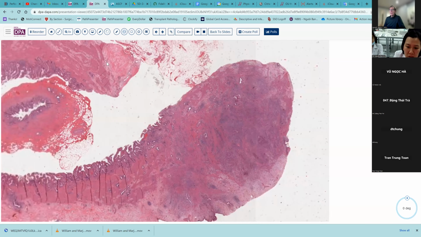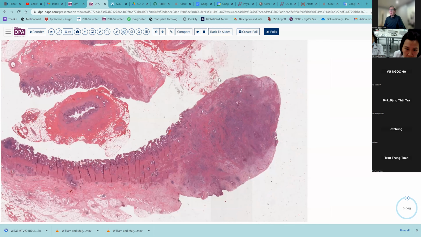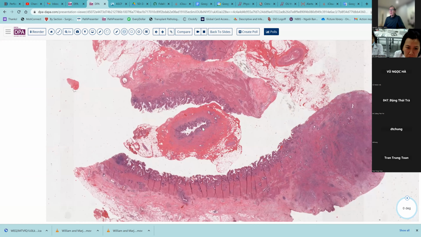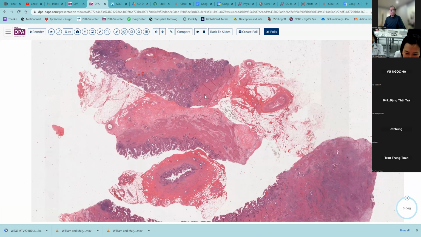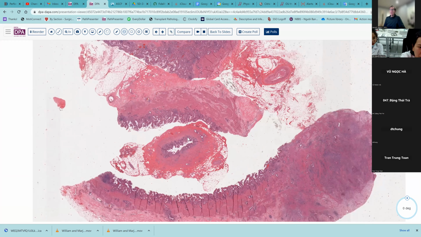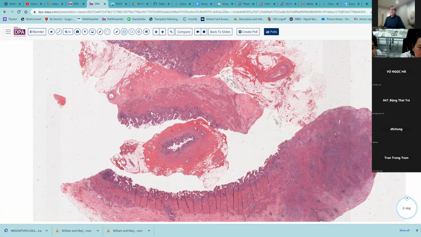So adenomyosis can be a very challenging diagnosis and can create a lot of both gross and microscopic overlap with neoplasia, and something that you need to be aware of.